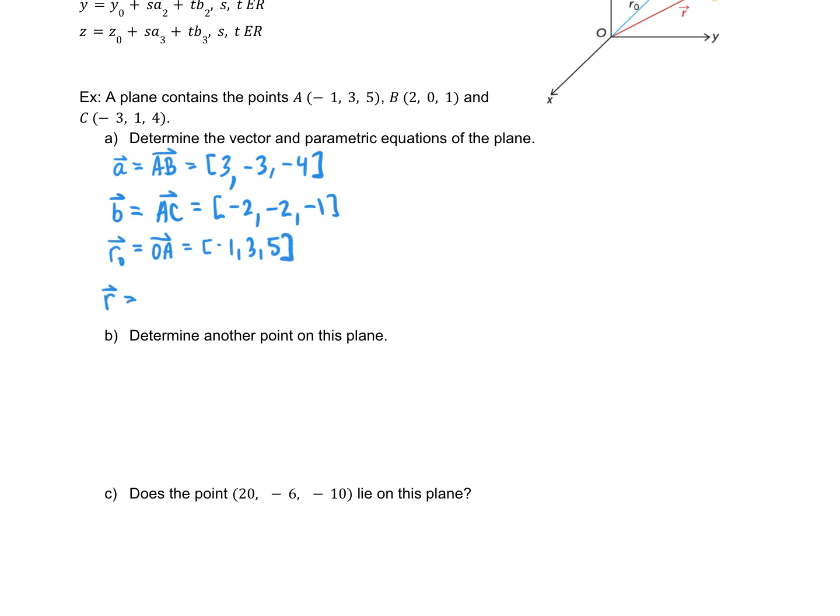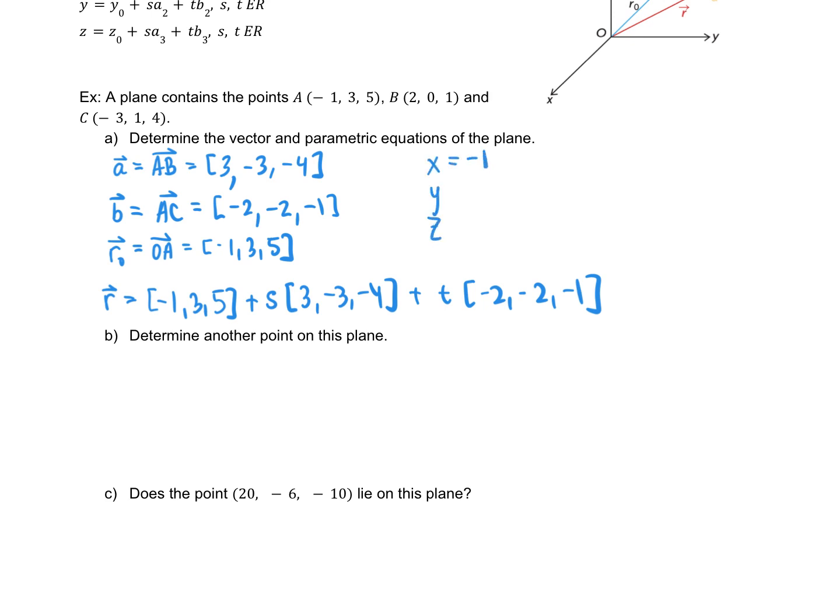So my vector equation will be R0 plus whatever parameter I want. So I'm going to use S for vector A and T for vector B. And there's your vector equation. And now let's split that off into x, y, and z.